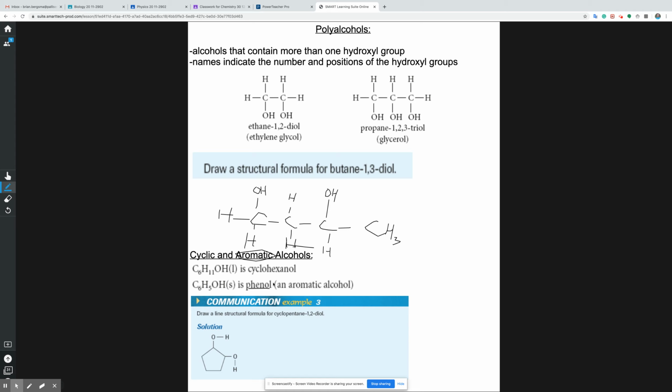When you're using benzene as a branch, we call it phenyl, with a yl, but now with the OH, we call it phenol, with the ol. And if we're drawing a line structure, remember, for cyclopentane, we have our cyclopentane here, and then two hydroxyl groups coming off of it.